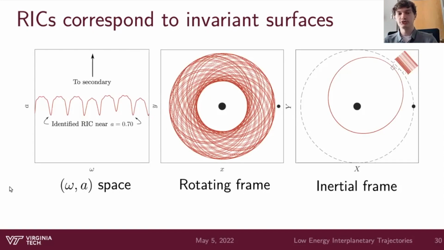This is all a bit abstract, so it'd be nice to connect it back to the original frames. What we're talking about is finding these trajectories in the Keplerian map's phase space that form a graph. In particular, this one is identified pretty far below where the secondary is, so pretty far away. In the rotating frame, it corresponds to a quasi-periodic set of orbits.